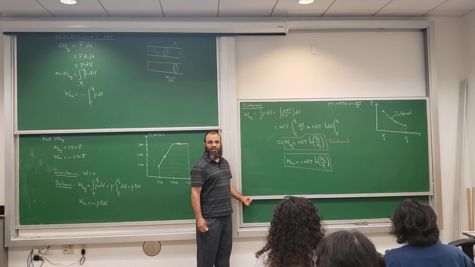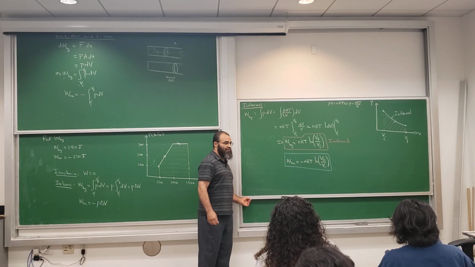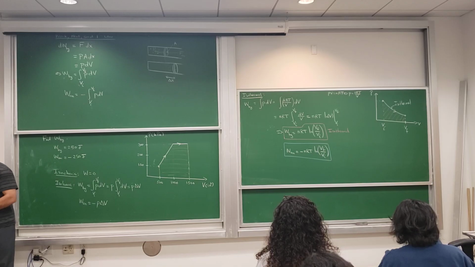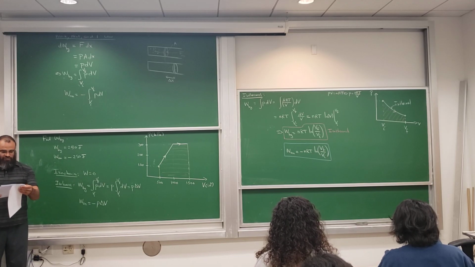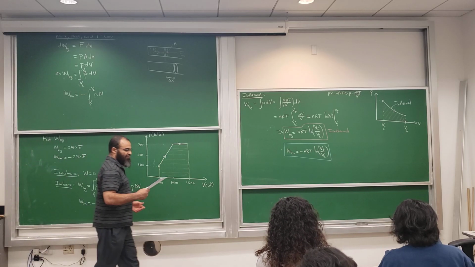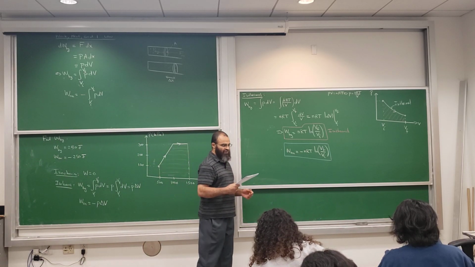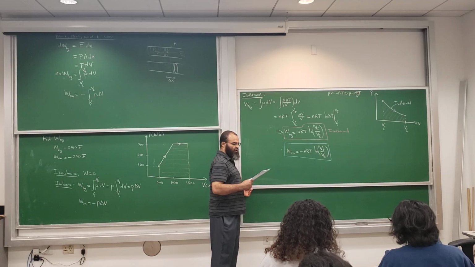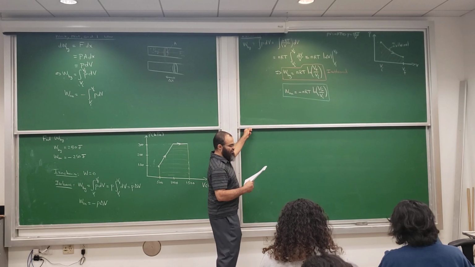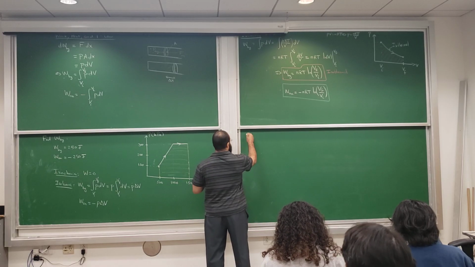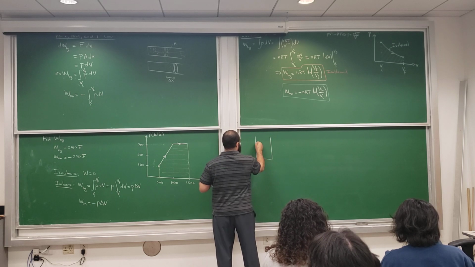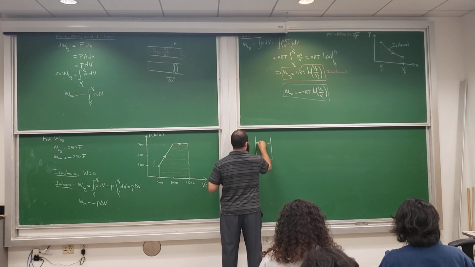Let's look at an example of this. So we have a cylinder containing nitrogen gas, and we have 0.25, a quarter mole. So consider here's the container.